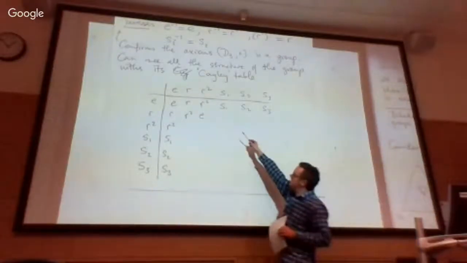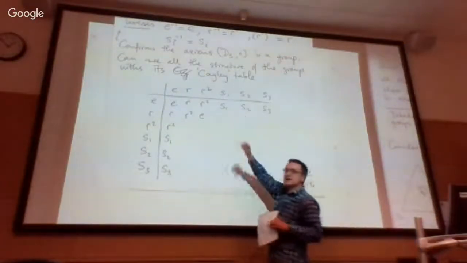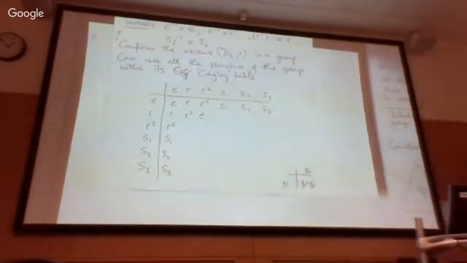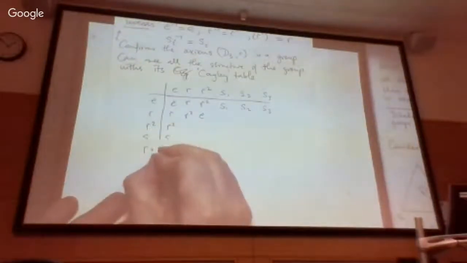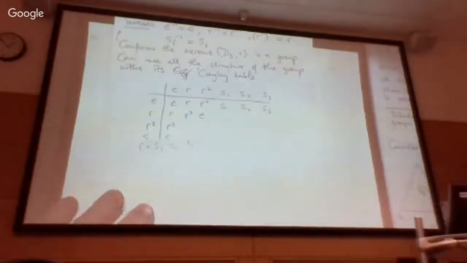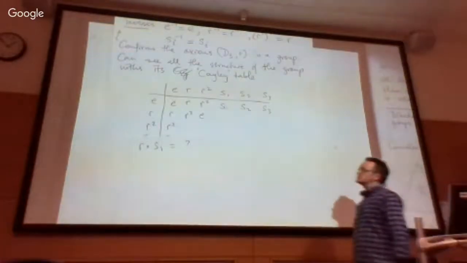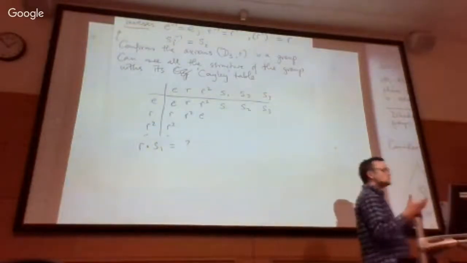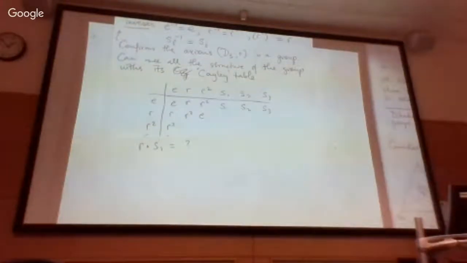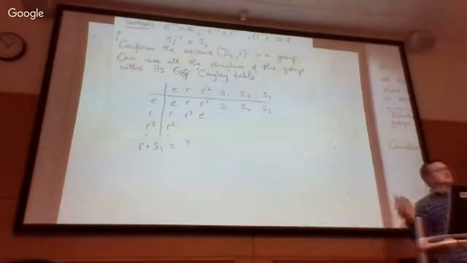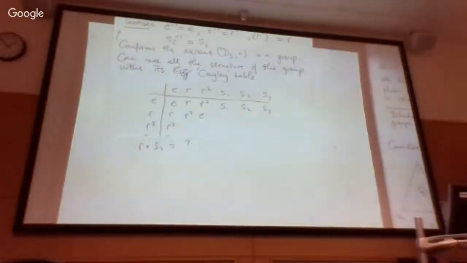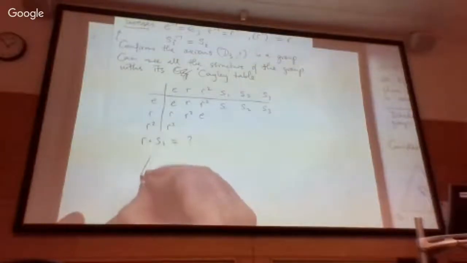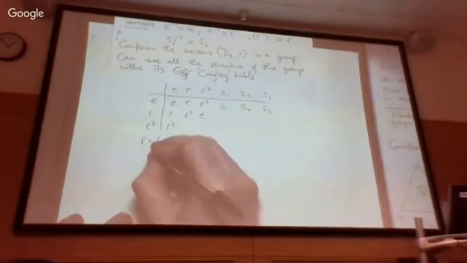So this entry here is going to be R after S1. So what does R after S1 equal? Well, it must be a symmetry because we've indicated that general principle already, that a symmetry after another symmetry has to be a symmetry. So this R after S1 must be one of those 6 symmetries we listed. We can figure out which one with the help of some labels.